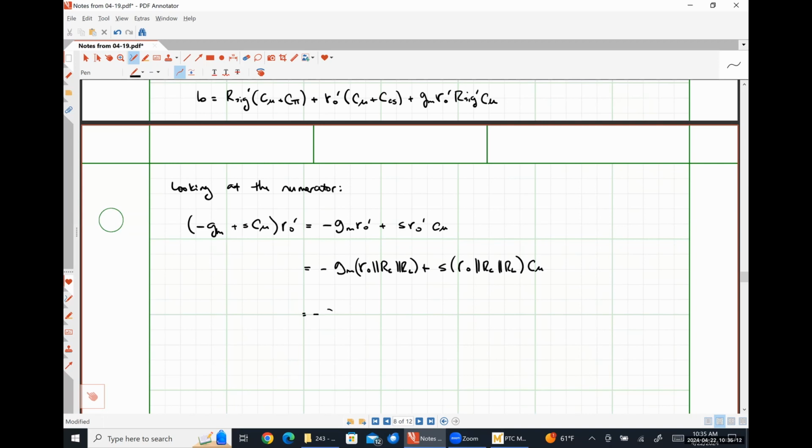So I would have negative gm R naught in parallel with RC times RL.